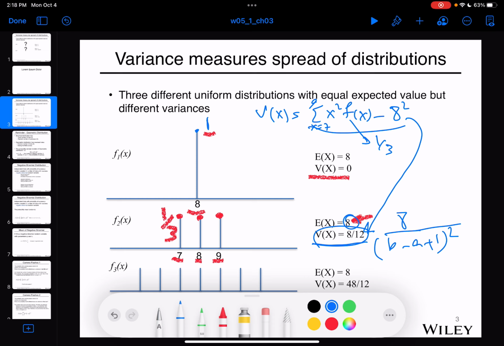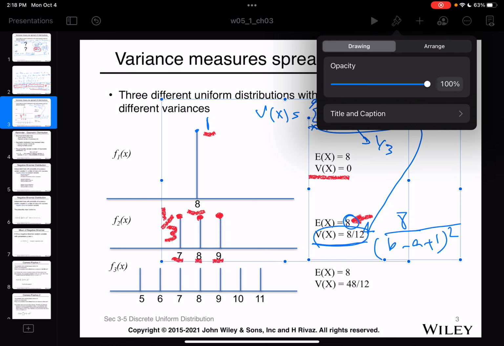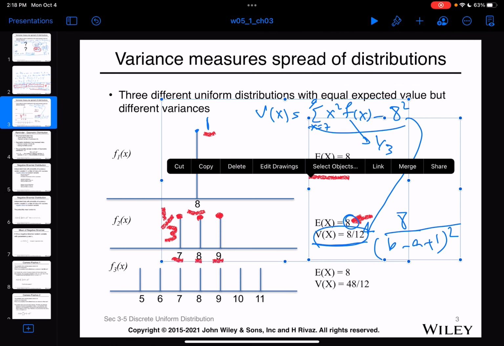And the third distribution is another example. The third example is where we have f3 of x down here, and here x varies from 5 to 11.